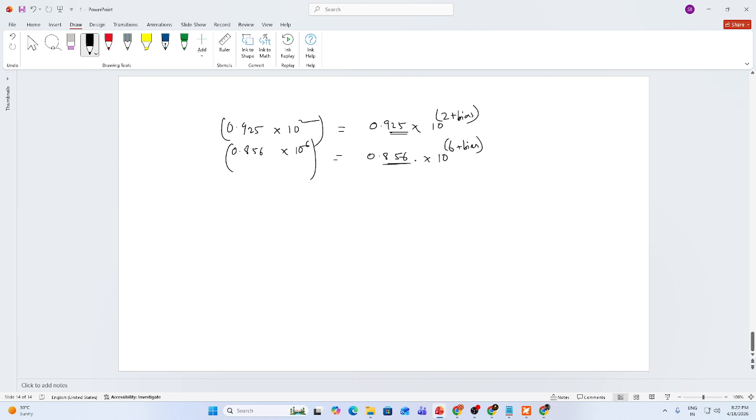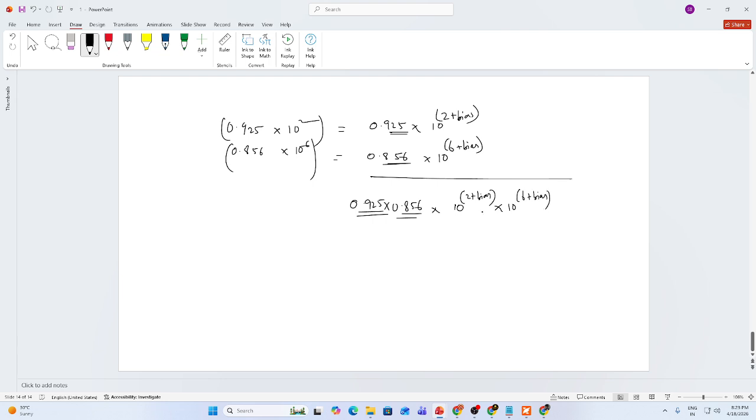Now if I want to multiply these two numbers, what do I need to do? I need to multiply the mantissas, 0.925 into 0.856, and add the exponents. You know this. 10 power 2 plus bias into 10 power 6 plus bias.